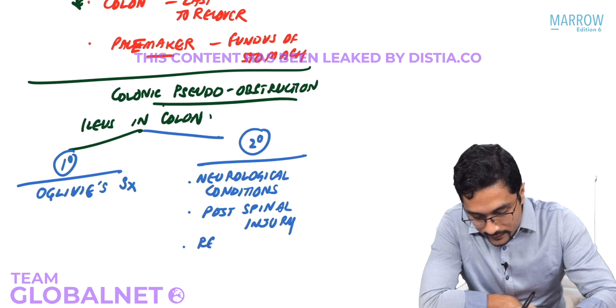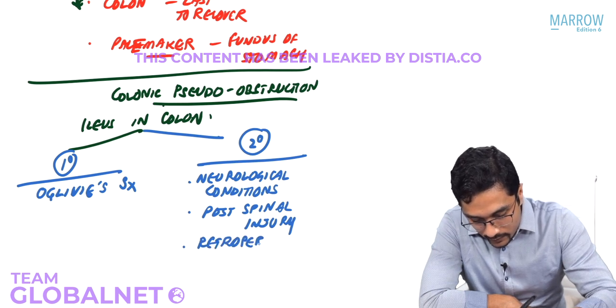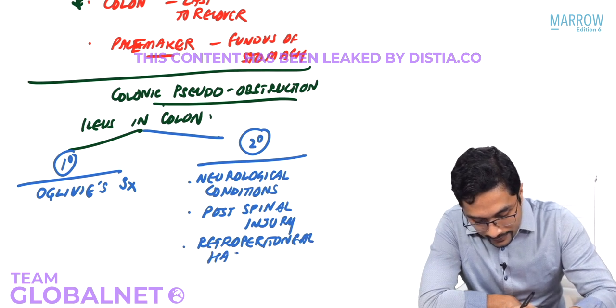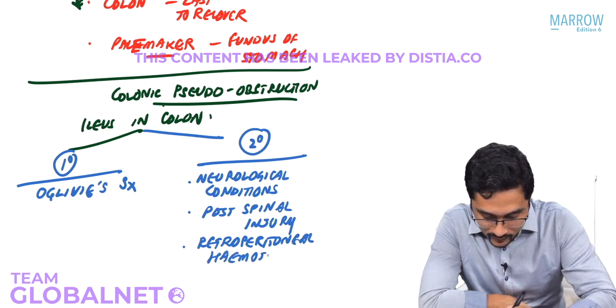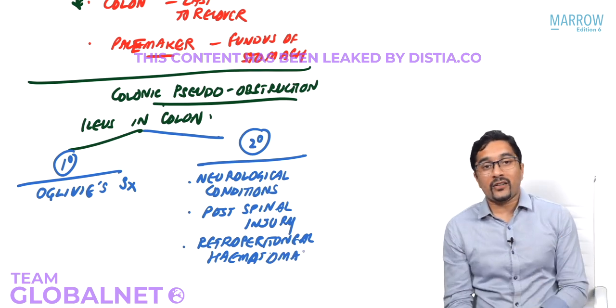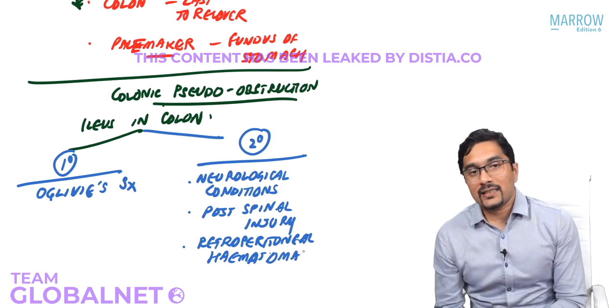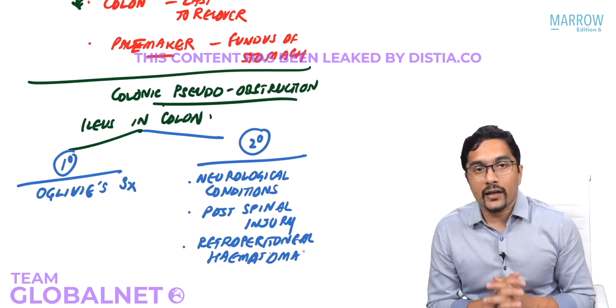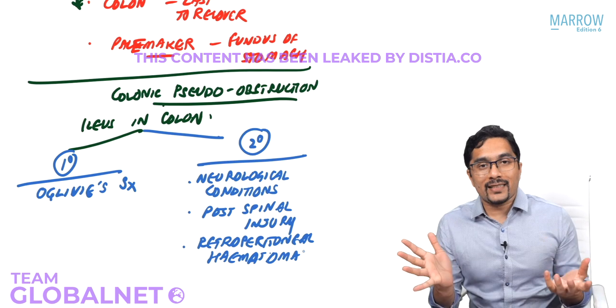It can be seen if there is a retroperitoneal hematoma. And let's try to correlate. If you remember, in the kidney module, I spoke about renal injury. And in renal injury, there is a retroperitoneal hematoma. And I told you on day 3, day 4, the colon can get distended.